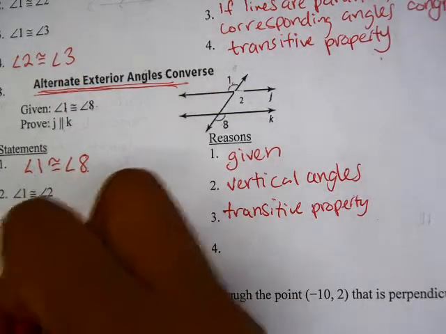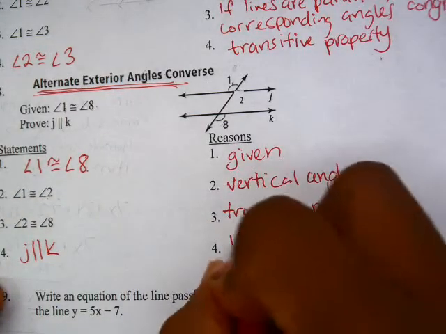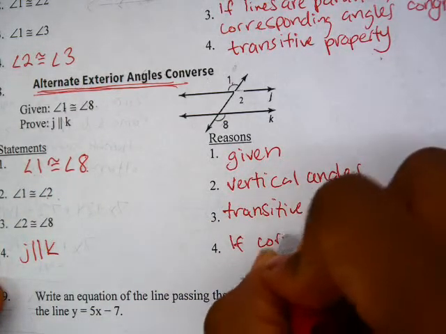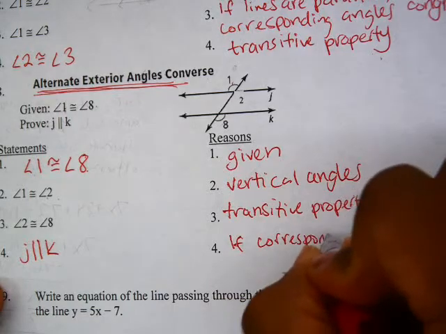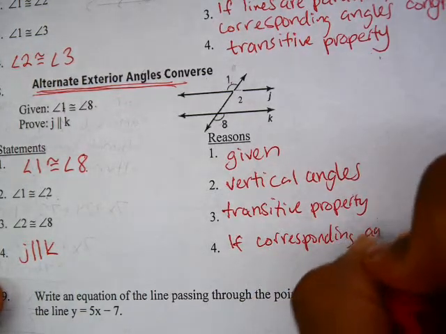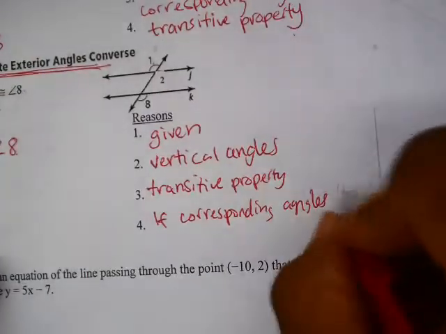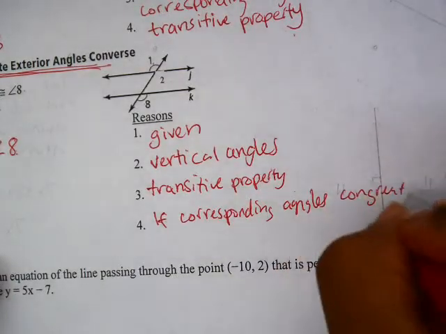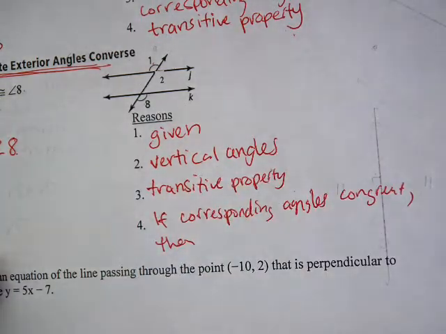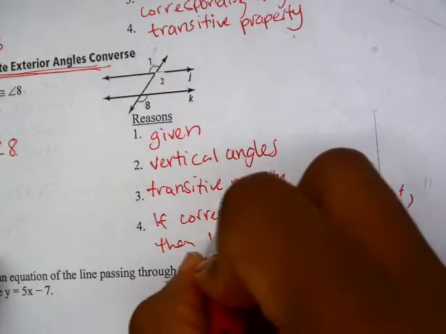So J is parallel to K, because if corresponding angles are equal or congruent, then my lines are parallel.